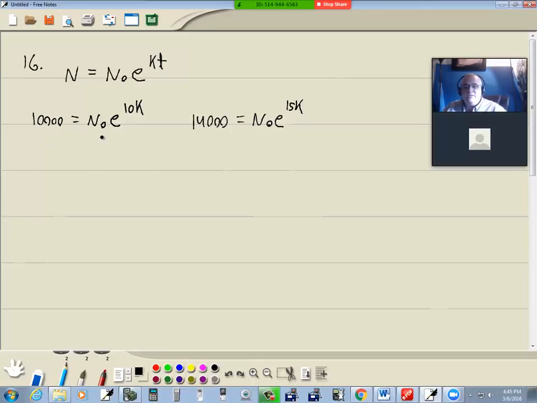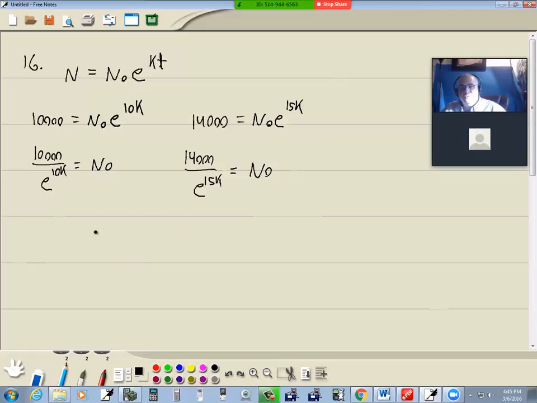But I could divide both sides by n naught. Or no, divide both sides by e to the power. So that gives us 10,000 e to the 10k is equal to n naught. And then 14,000 divided by e to the 15k is equal to n naught.